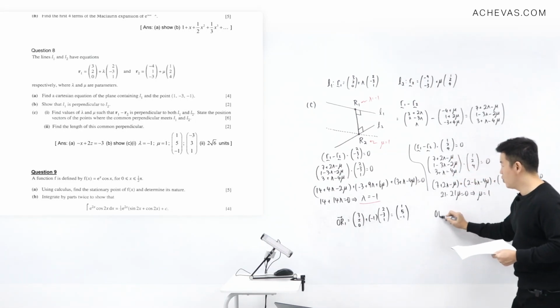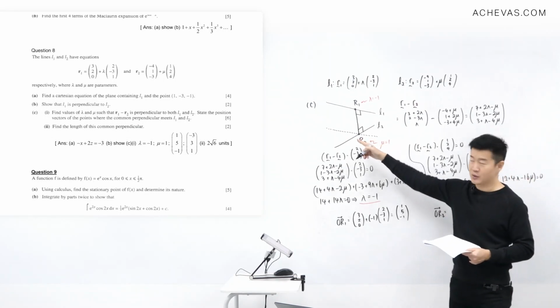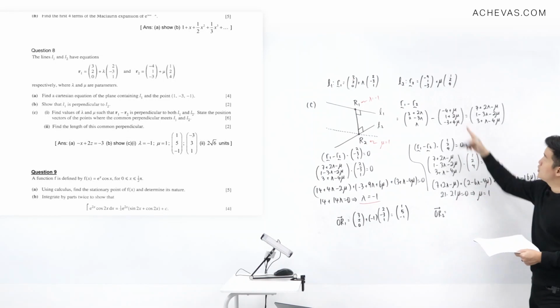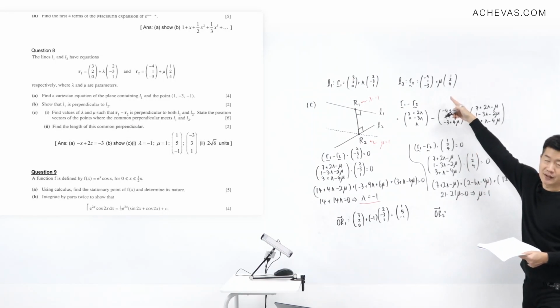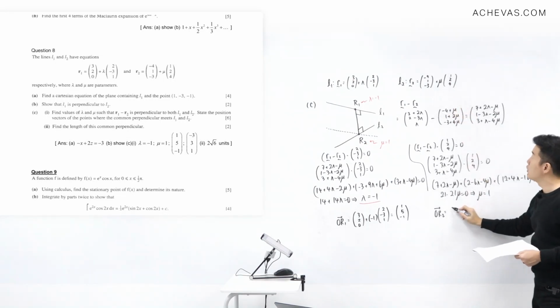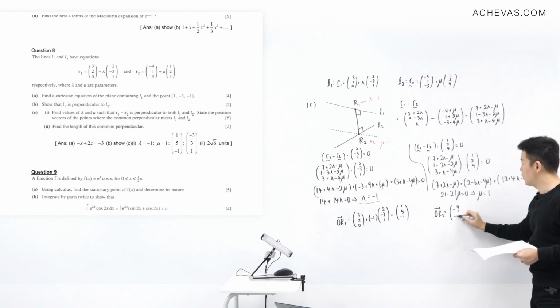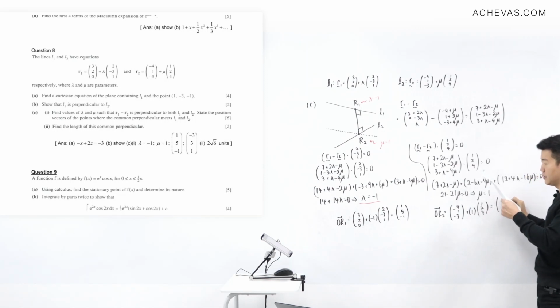And as for OR2, the other position vector that the question is asking for, I'm going to make use of mu and plug it into this equation of the line L2. So OR2 will be (-4, 1, -3) plus mu, which is 1, of (1, 2, 4). So this is going to be equal to (-3, 3, 1).